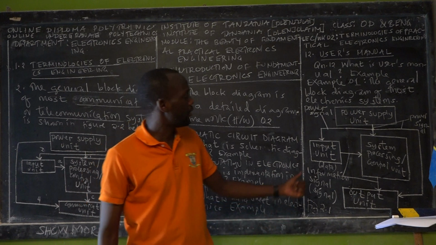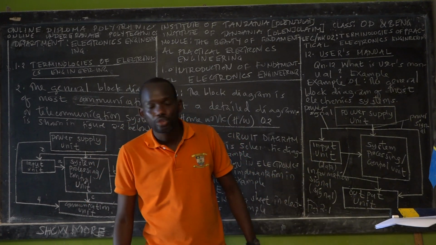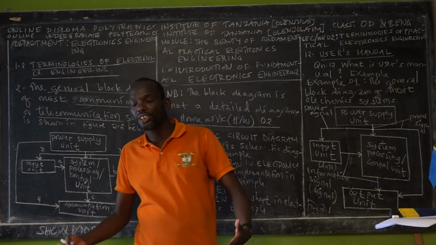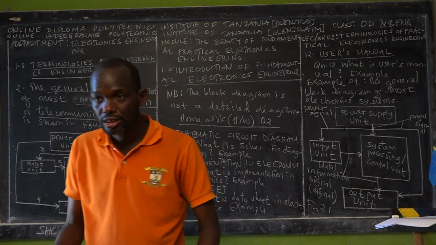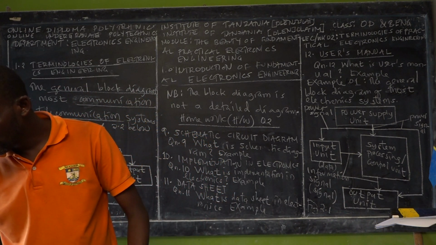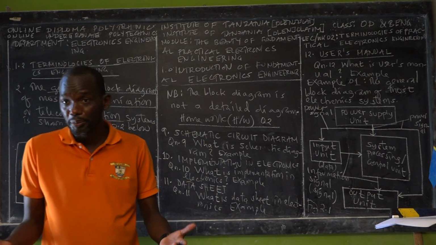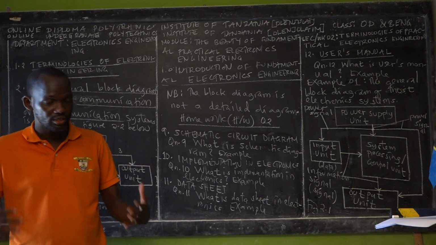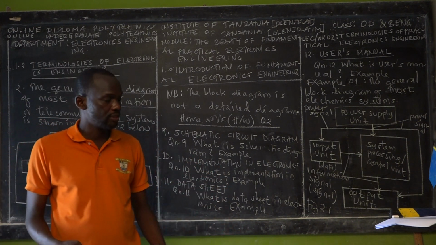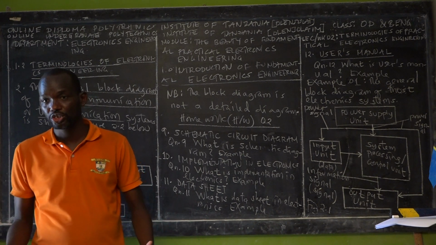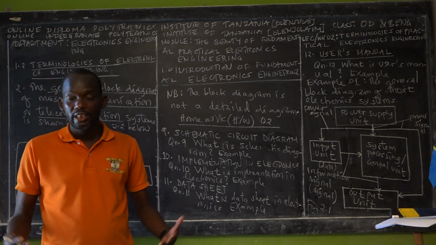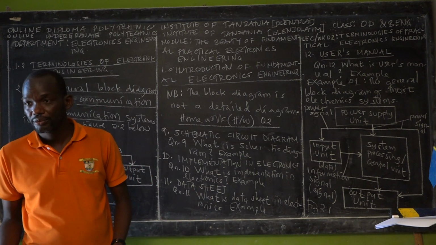But now let us take our input as a camera, right? So the input is the camera. What is the information? It's the motion picture or still picture, depending. If it's a video recording camera, it means it's a motion picture. But if it is a normal camera, it means it's a still picture, right?